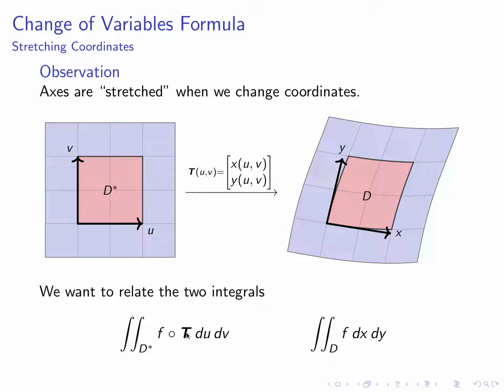And technically what that amounts to is just replacing the x's and y's with the appropriate formulas in terms of u and v. And the idea is that the new domain we're working with, D star, gives us an easier calculus problem. So we want to relate these two integrals, but to do this, what we actually need to do is account for how the change of variables stretches our coordinate systems.